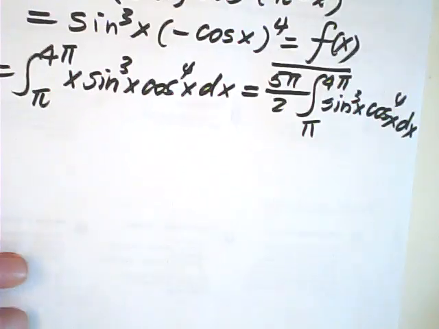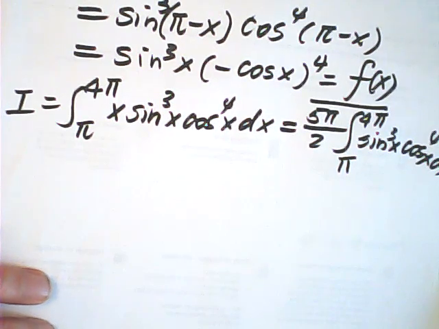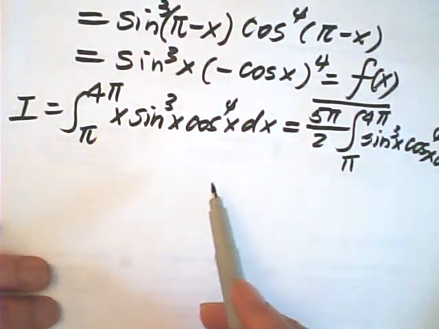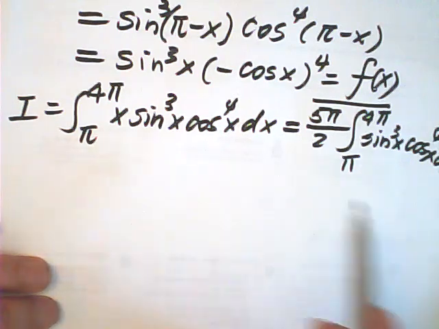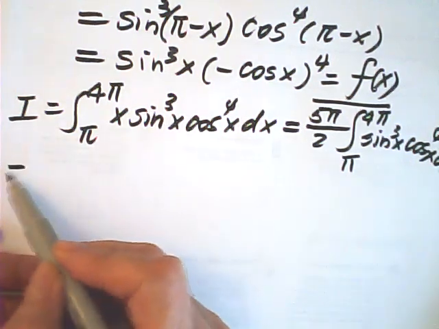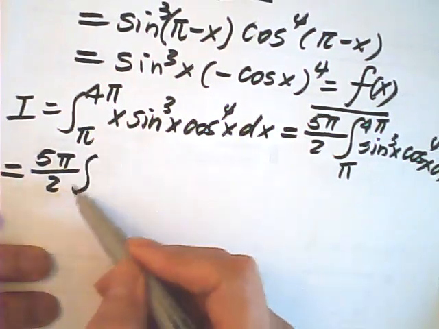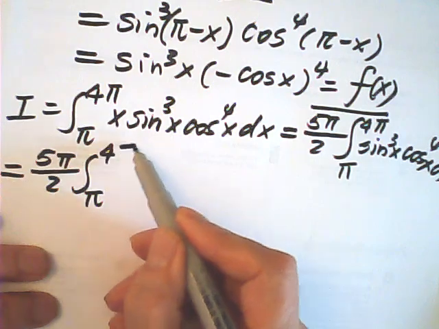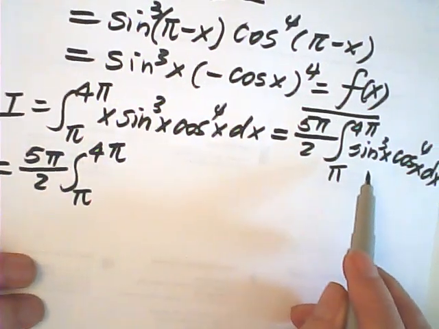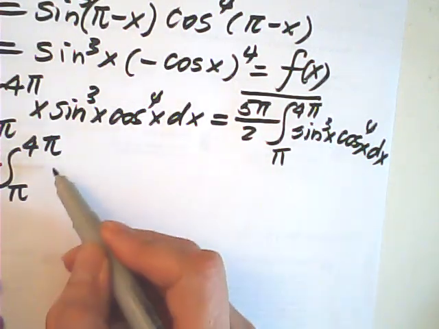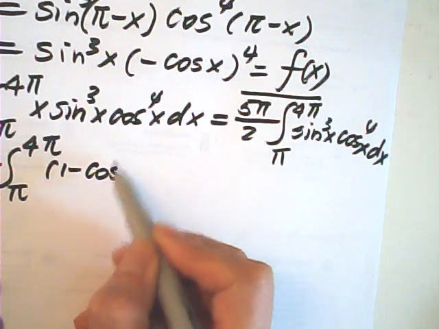See, this is a nice result, using the property. So this one equals 5 pi over 2 times the integral from pi to 4 pi. Sine cube is sine square times sine.